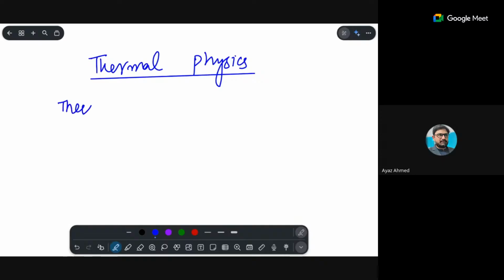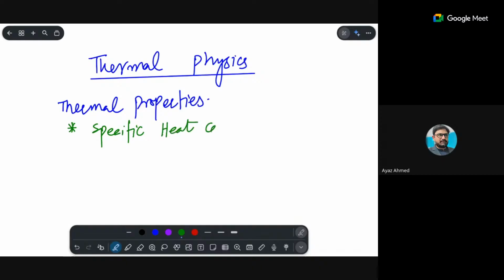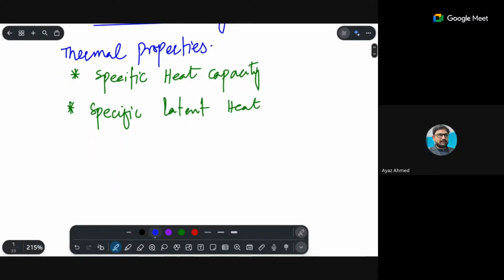In thermal physics, one topic is thermal properties, and this topic consists of specific heat capacity and specific latent heat, etc. The second area is thermometry.